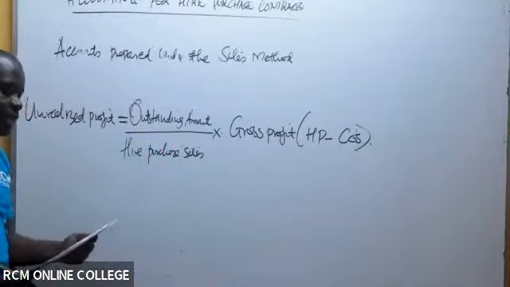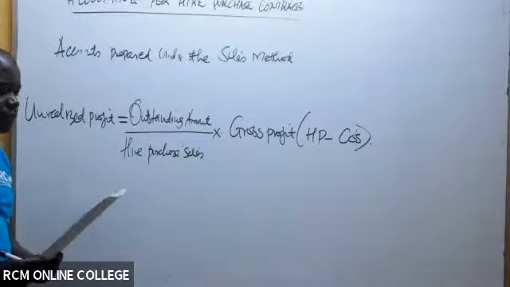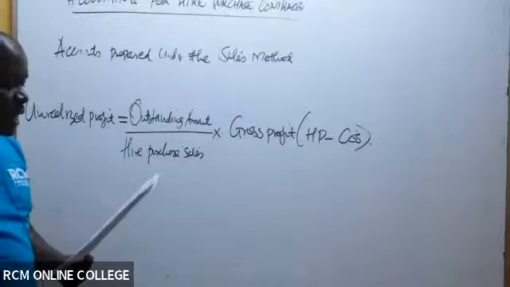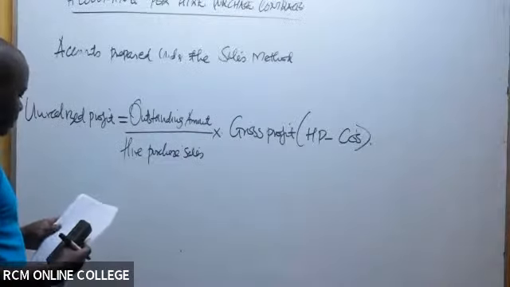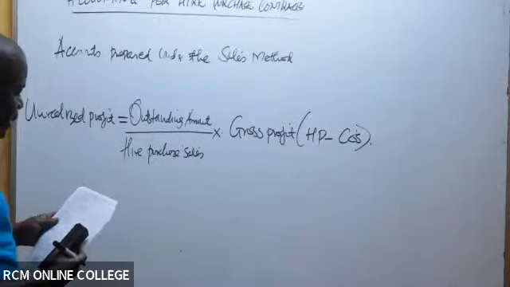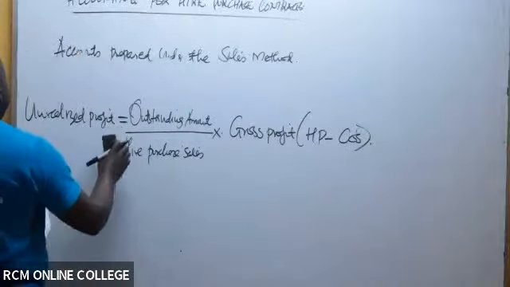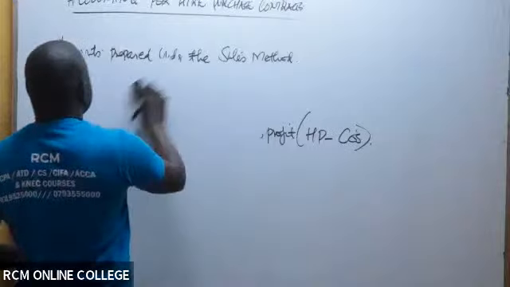So now in this case, we've talked about the unrealized profit. So we can now see how you account for it in the income statement. You can have what we call the provision for unrealized profit account. That is the final account.